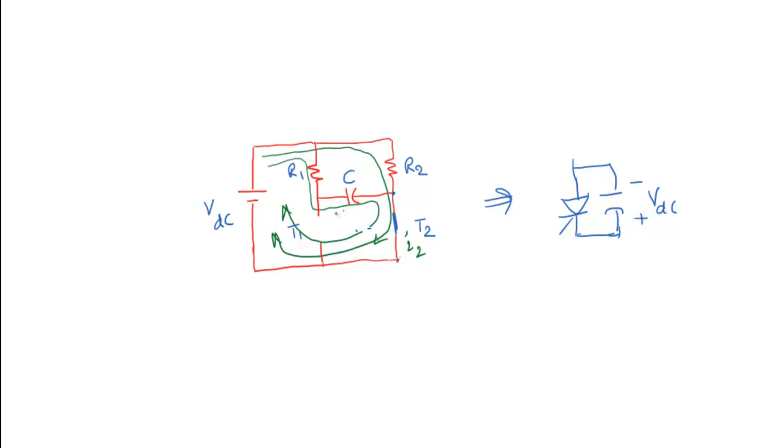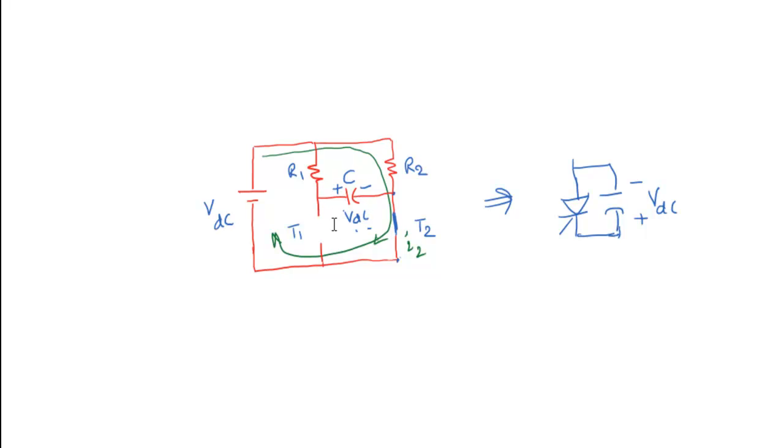Then this becomes positive, this will be negative. Once again it reaches VDC, and then this current becomes 0. So this I1 will not be there. In this duration, the current flowing through the thyristor T2 is nothing but the load current I2 only, flowing through R2. That means this capacitor is ready for the commutation.